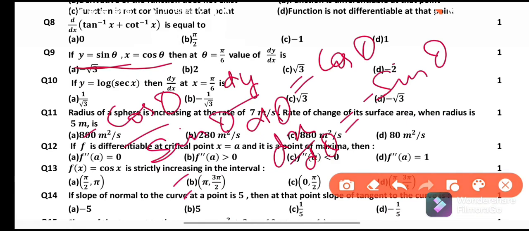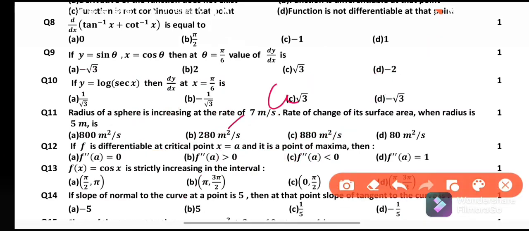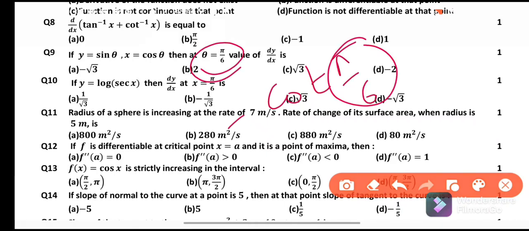Cos by sin is cot theta, so minus cot theta, and at pi by 6, minus cot pi by 6 is equal to minus under root 3. So the answer is minus under root 3. That is A option. Next question number 10.